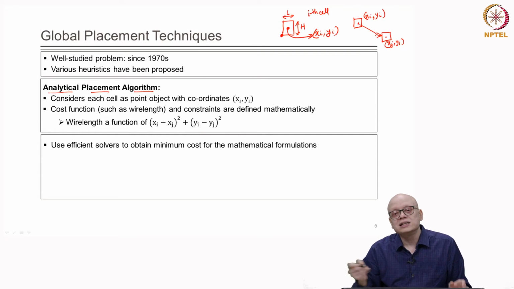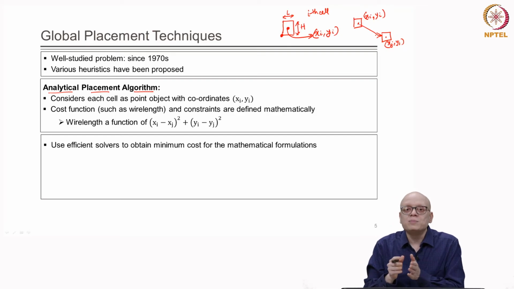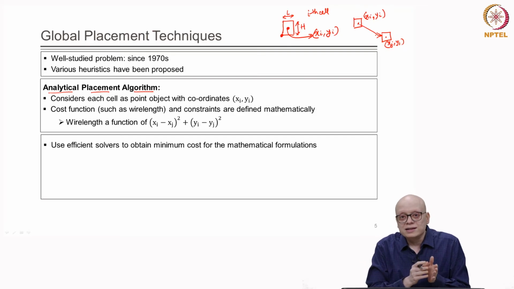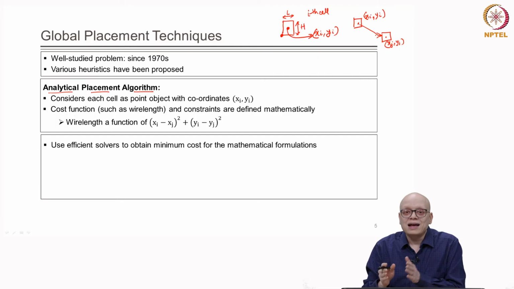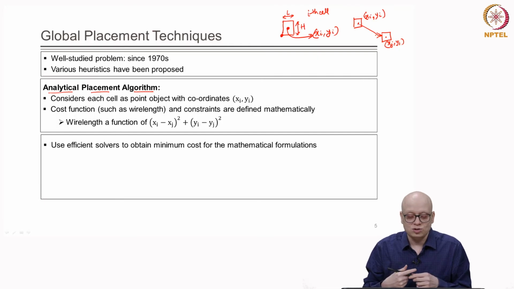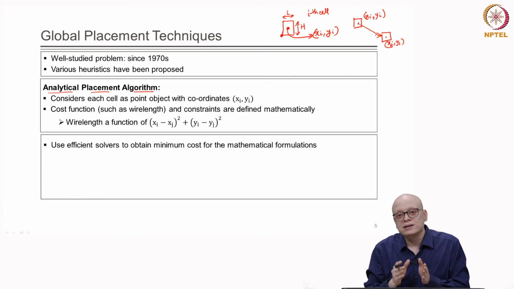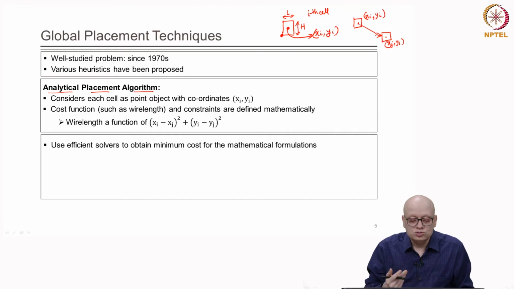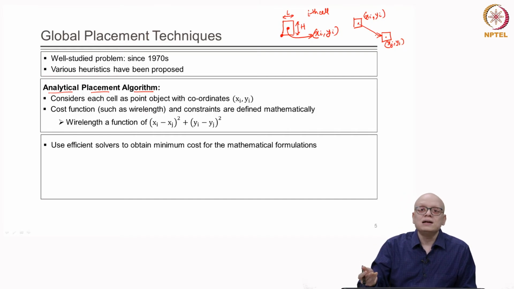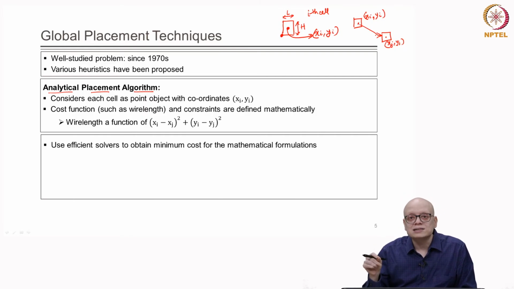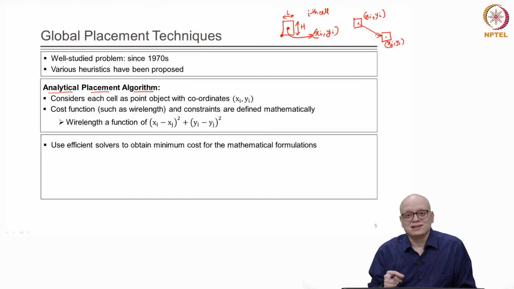Similarly, there will be other cells which are connected, and we take the sum of all these wire lengths and give it to a mathematical solver. So, we formulate this in terms of, say, a matrix equation and give it to a solver, which will give us a final result: these are the xi and yi coordinates for the cells. This is what the analytical placement algorithm will do.